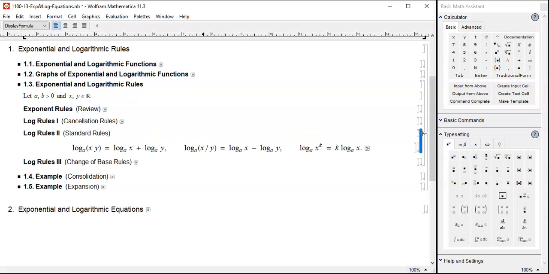Now here are the standard rules. The logarithm changes multiplication to addition, division to subtraction, and power to coefficient. The power comes out as a coefficient like this, and that power does not have to be an integer. So whenever we have a fraction as the k power, that means a radical. So radical computation becomes coefficient computation.